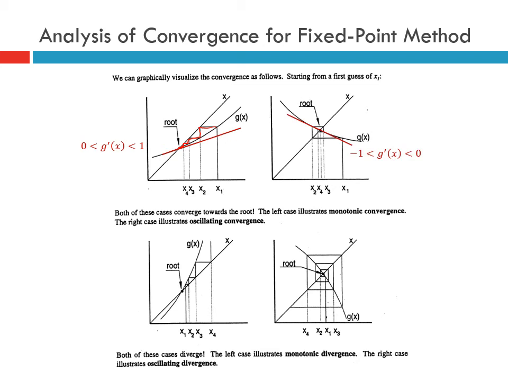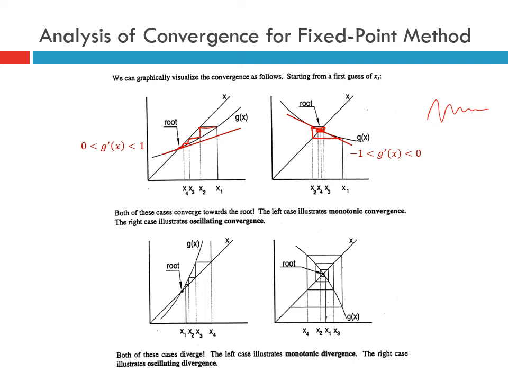In this case, my derivative is negative, but the absolute value of it is less than 1. So it will converge, but the convergence will oscillate. So here I'm converging, but I'm not moving in the same direction each time. I'm going kind of around. So if you plotted the relative error, it would oscillate and then converge, as we saw in one of our previous examples.